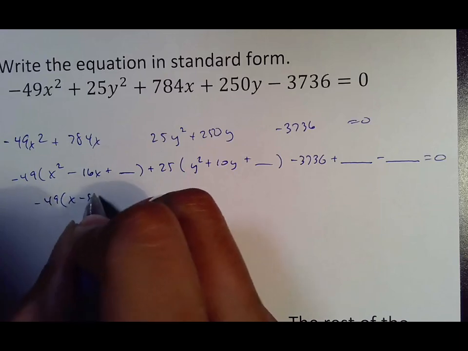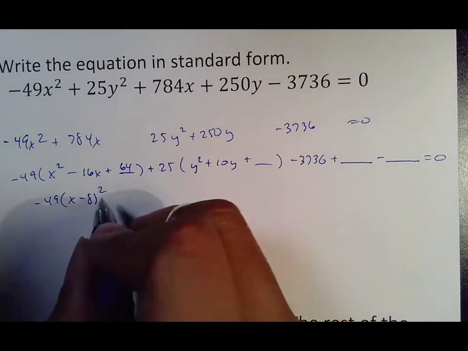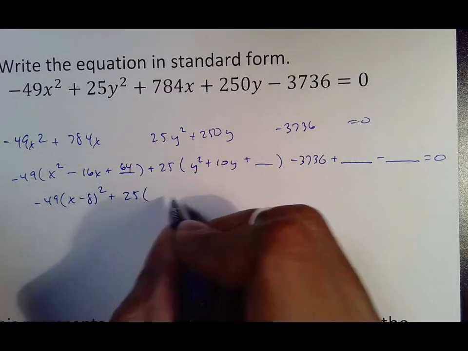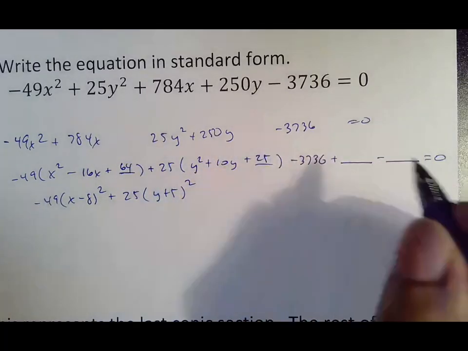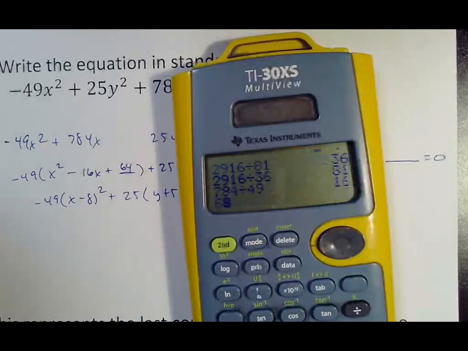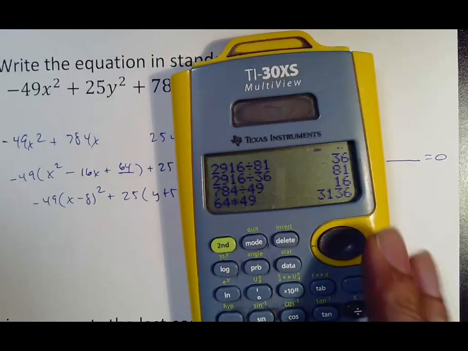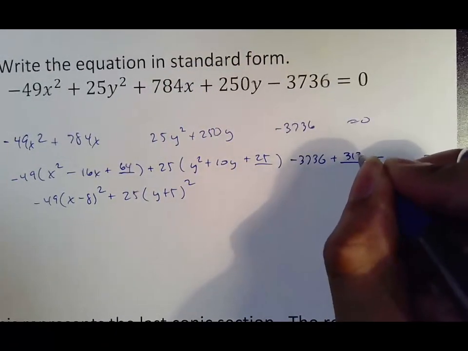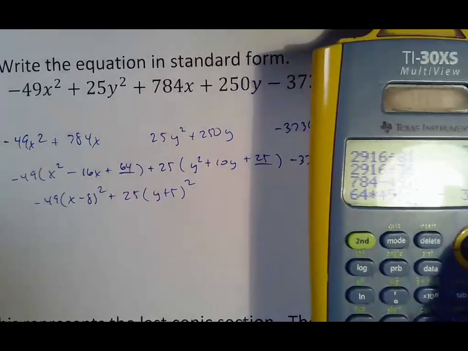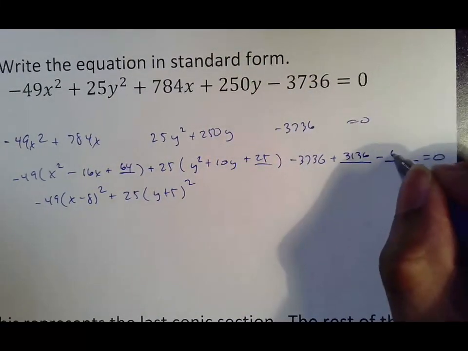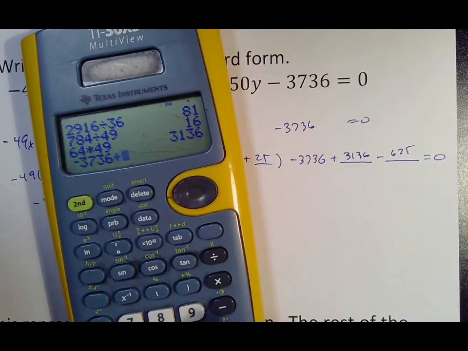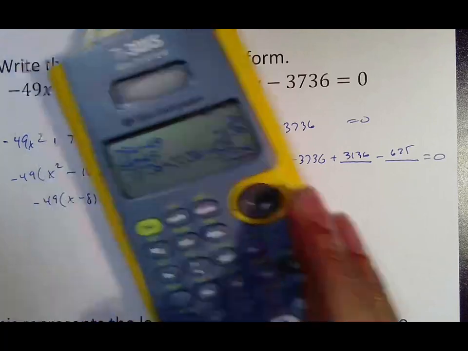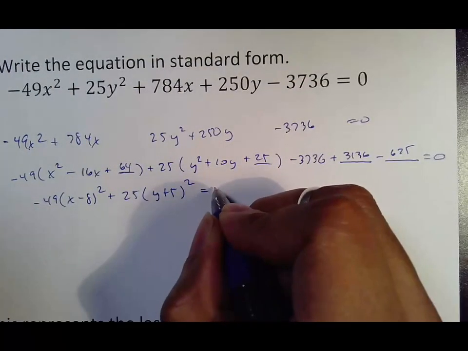So x minus 8 squared makes 64. Y plus 5 squared gives us 25. 64 times 49 is 3136. 25 times 25 is 625. In the end, negative 3736 plus 3136 minus 625 is negative 1225.